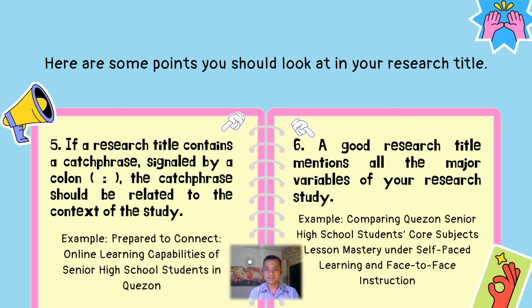It says all the variables of the study, like the purpose of the study, which is comparing, and what is to be compared. That is the mastery of the senior high school students in core subjects who are under, I think, an experiment. We have one group in self-paced learning and another group in face-to-face instruction. So this is a very good example of a title which has all the variables indicated in the research title.